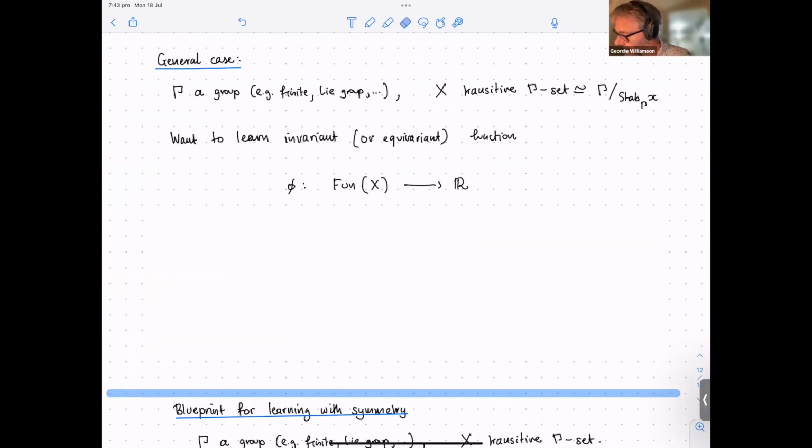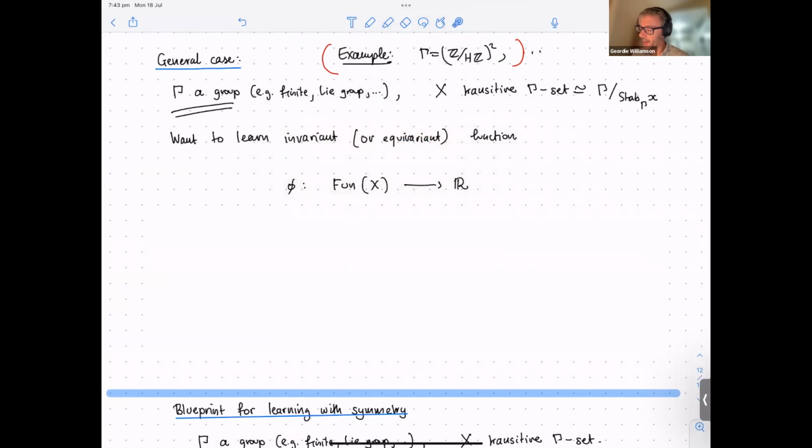So if we consider a transitive gamma set, where gamma is now any kind of group, you should think about the example when gamma is Z mod H Z squared. Think of this as the extremely simple example, while I'm discussing potentially much more complicated situations, but keep this example in mind.